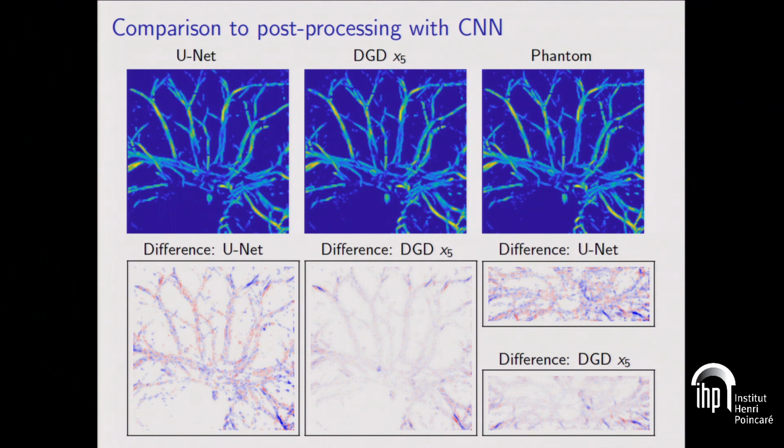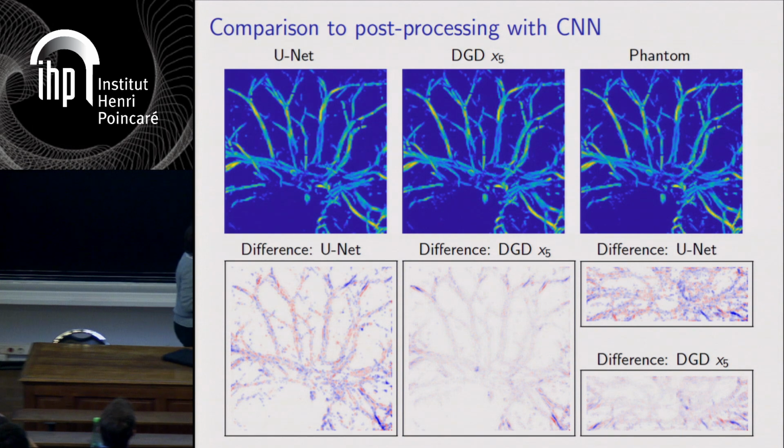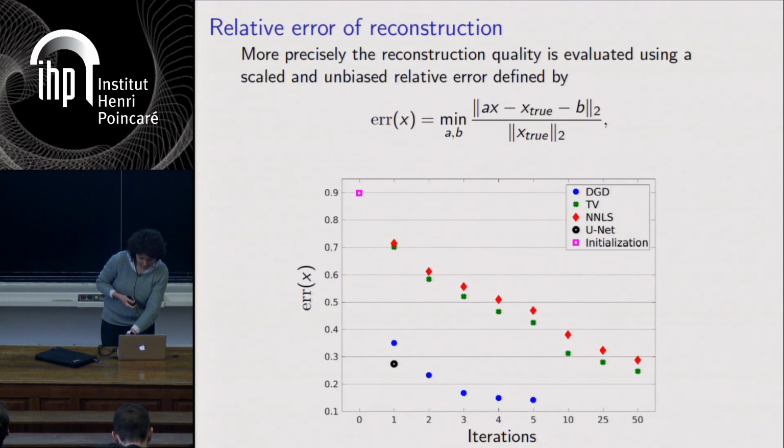Versus the full-blown UNet used for the post-processing, and this is basically the difference image between the ground truth and the UNet, and the difference between these 5 iterations. So you can argue that it pays off to do this iterative scheme.